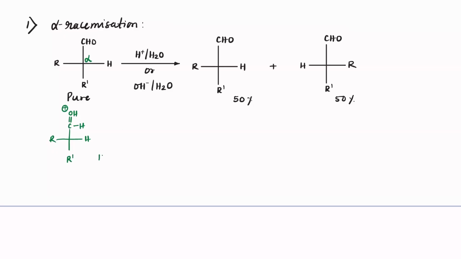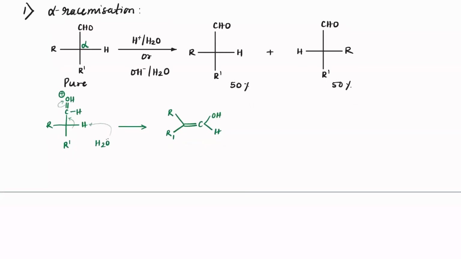And then H2O will take up the proton from here, push that to make a double bond and move it here. By doing that, we get planarity on this chiral carbon as it becomes a double bond. Then we will have OH and H.